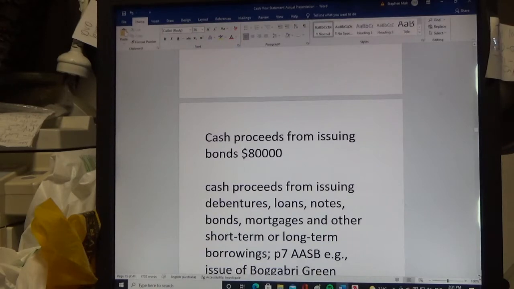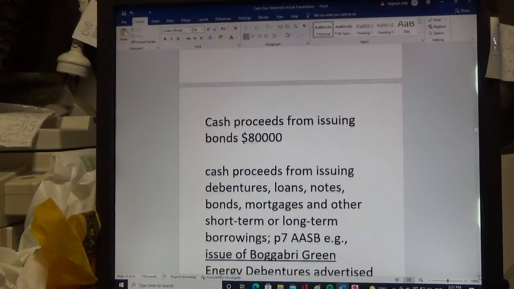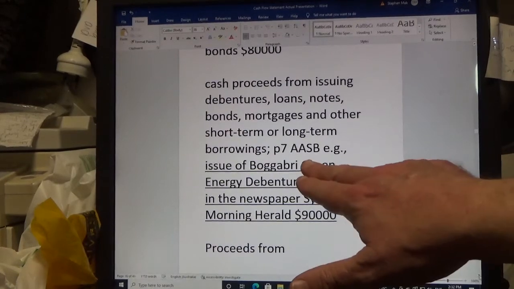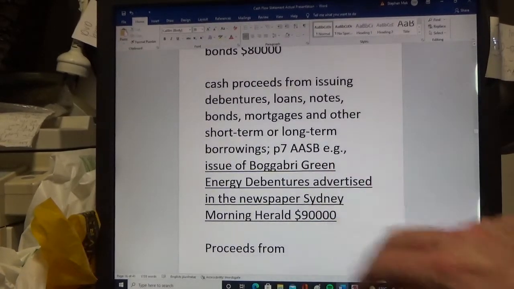So that's why the firm issues bonds to generate cash. It's like a loan from bondholders. Cash proceeds from issuing all these financial instruments: debentures, loans, notes, bonds, mortgages, and other short-term or long-term borrowings. That's from page 7 from AASB.